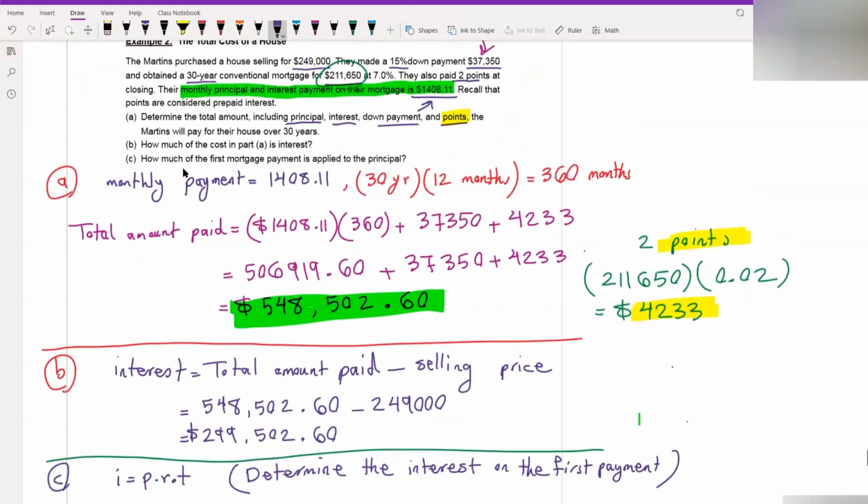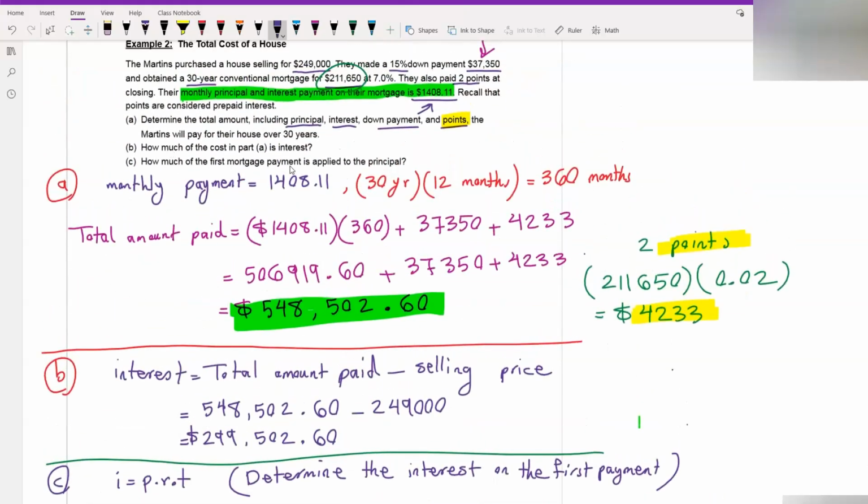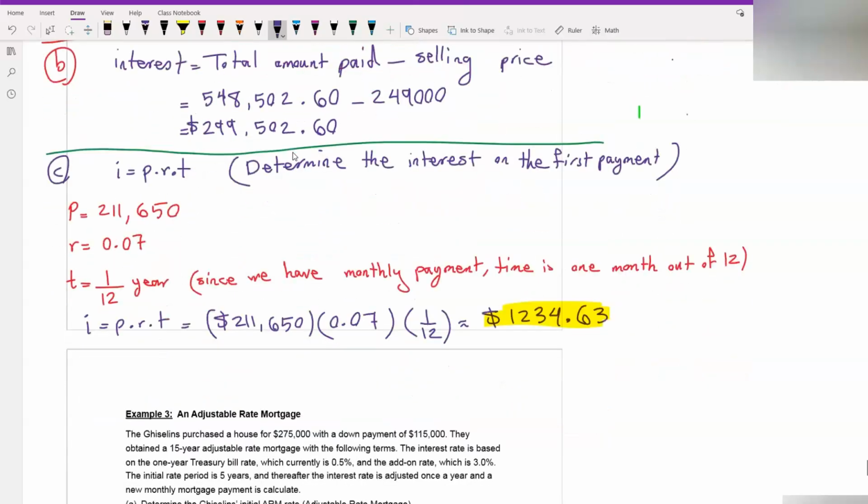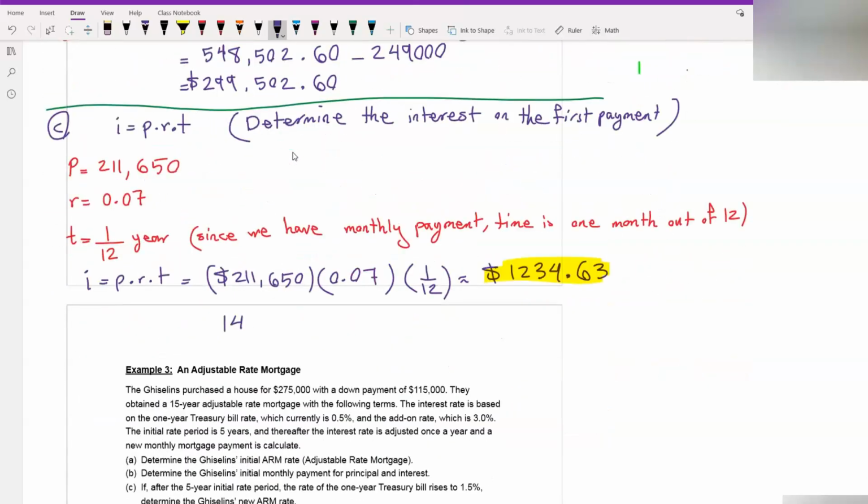What is being asked is how much of the first mortgage payment, that is $1,408.11, is applied to the principal. So I have to subtract. Okay, so this one is the answer.